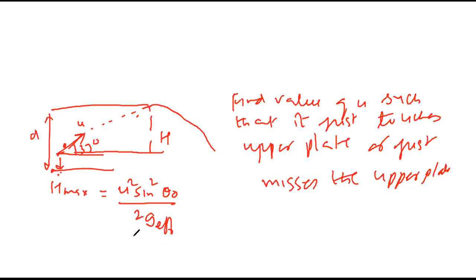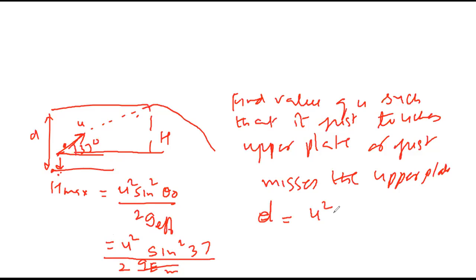When I do that, I will explain you again. So it is u square sin square 37 upon 2. The force acting is due to the electric field, QE upon m. The maximum distance d is the height, which will be u square sin square 37. Sin 37, I told, will be 3 by 5.